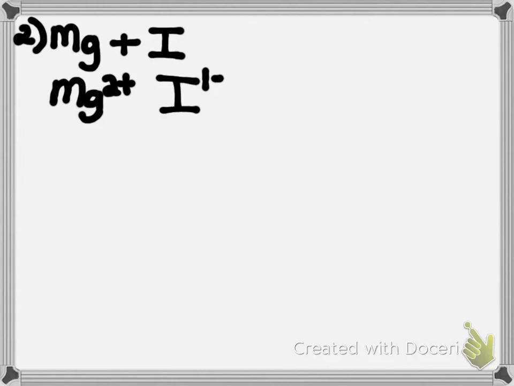The next step is to do something that we call the criss-cross method, and the criss-cross method involves taking the charges for each of those elements and crossing them over to the opposite element. And what this does is it balances the equation for you. It tells you how many atoms of each element you'll need to have a balanced equation.